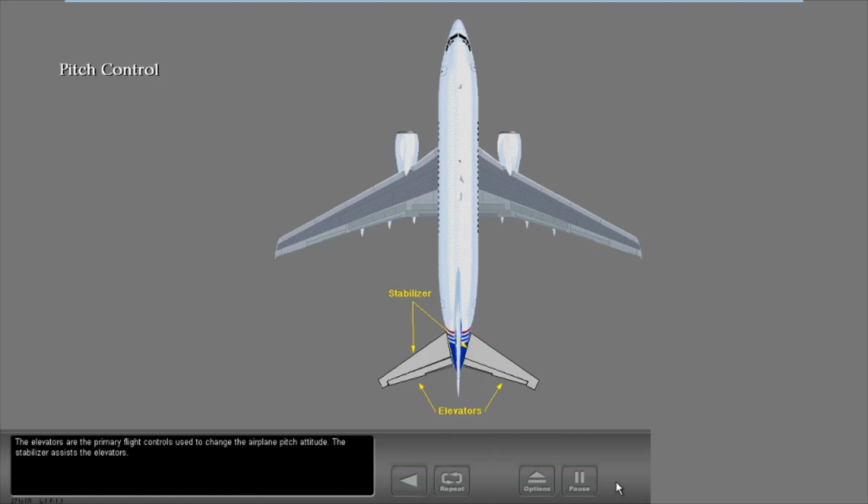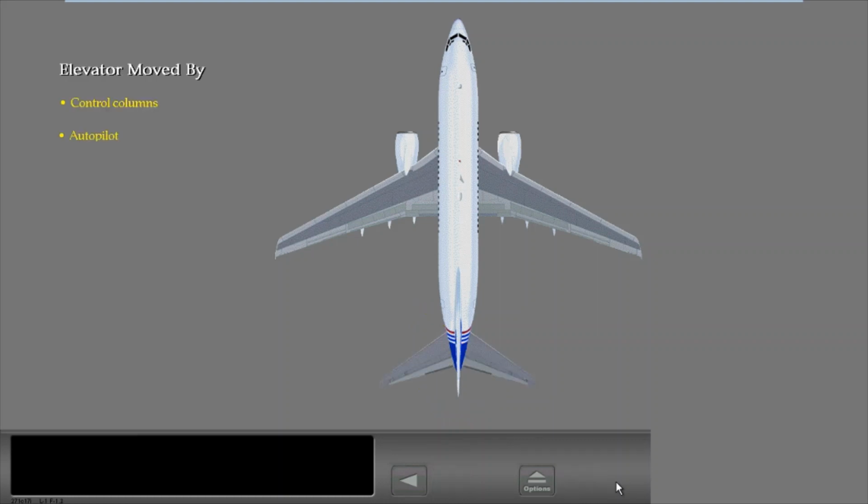The elevators are the primary flight controls used to change the airplane pitch attitude. The stabilizer assists the elevators. The elevator is moved by the control columns, autopilot, and Mach trim system.